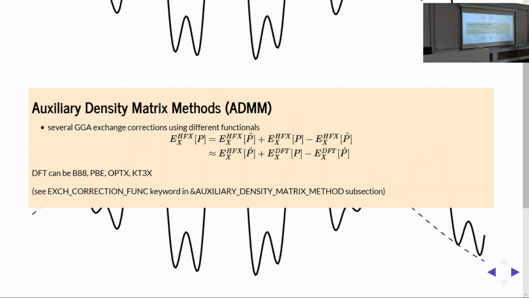It doesn't really have to be constrained to the one you're using in the underlying hybrid. It just gives us this approximate error term from calculating the exchange using the auxiliary density matrix. So there's an option, exchange correlation func, and you can choose between Becke, PBE, OPTX. There may be a couple of others by now.